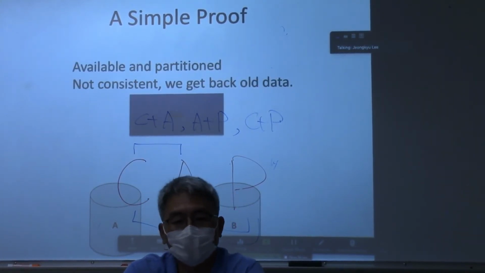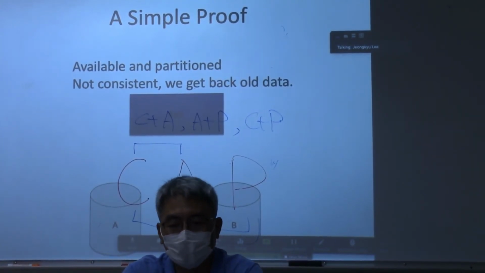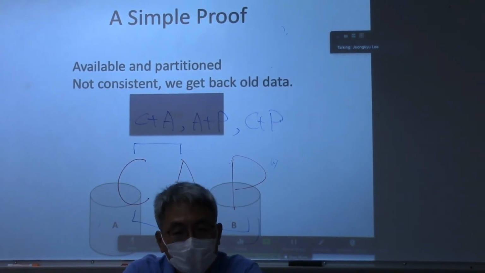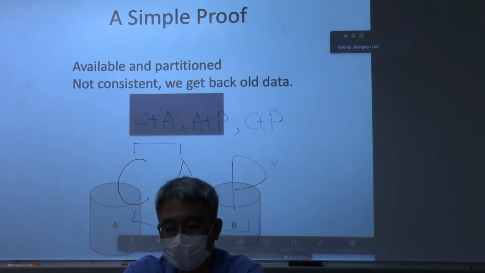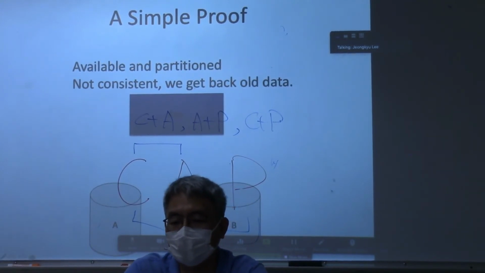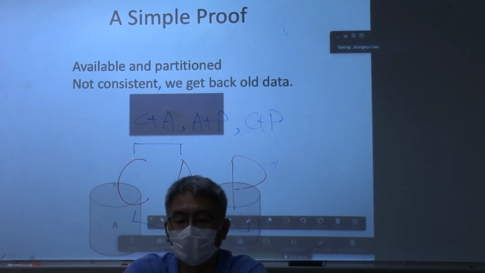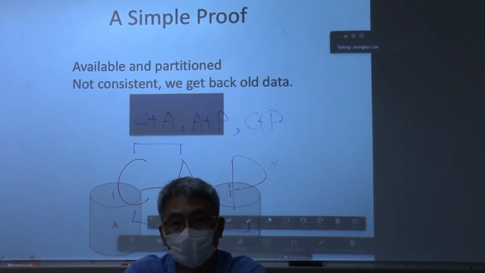Another example: what if the system is available and partitioned, with A and B? Can we keep the consistency? For example, if the data is updated in one node, while it is being synchronized to the other, that node is not available during that time.